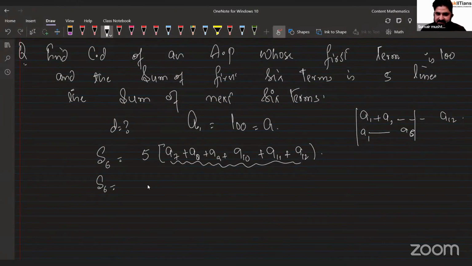So can I write it as S6 is equal to 5 times S12 minus S6? Easy. So this is S6 equals 5 times S12 minus 5 times S6. Take it on the other side.